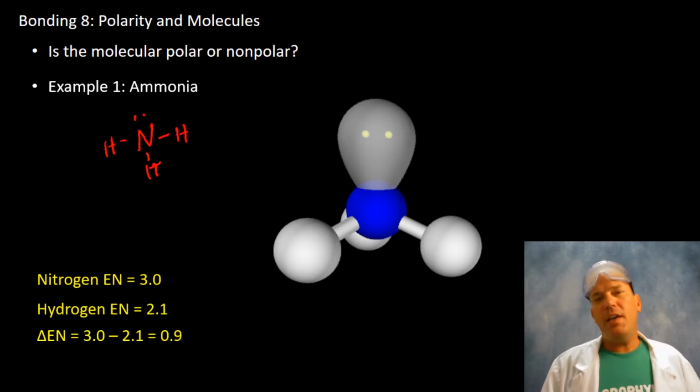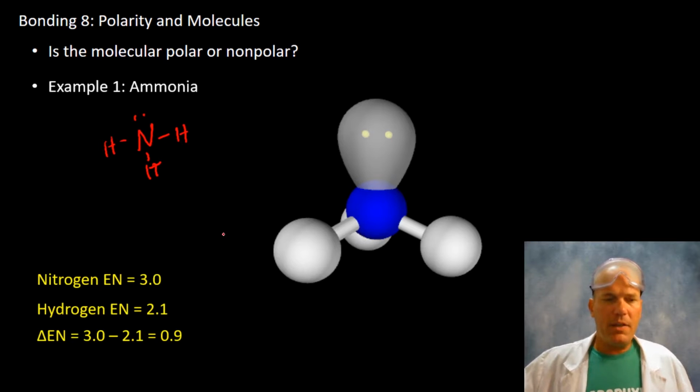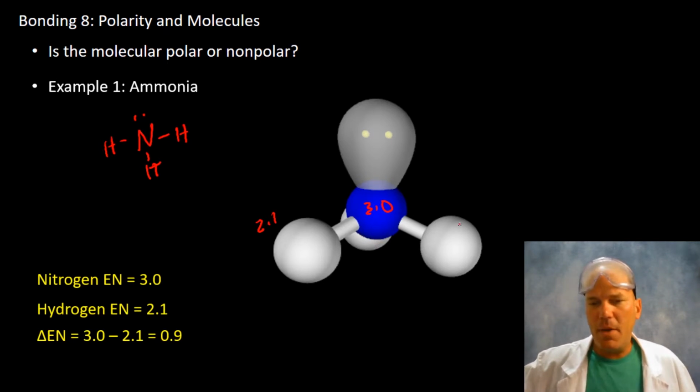So would you say it's asymmetrical? Sure, absolutely. Absolutely it's asymmetrical, okay? If you look at the differences in charges here, so our hydrogens are all 2.1, but this guy in the middle here is a 3.0, and it's asymmetrical.